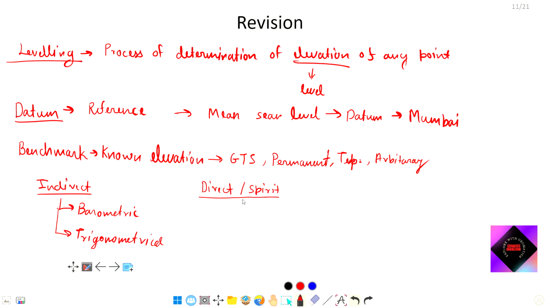And in direct leveling further we do calculation in two ways, that is height of instrument method and the next one is rise and fall method. With help of these two methods, we calculate the height in direct leveling.